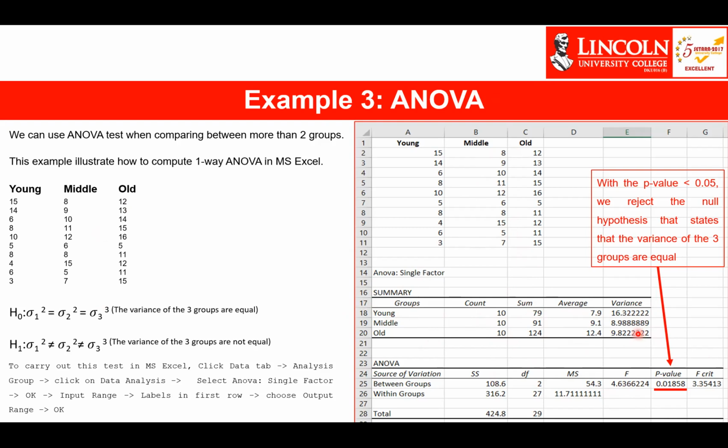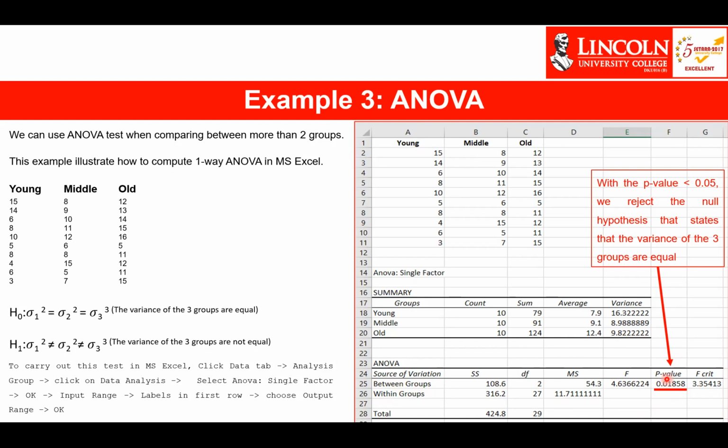Then the ANOVA table is where we check the p-value to determine whether to accept or to reject our null hypothesis.